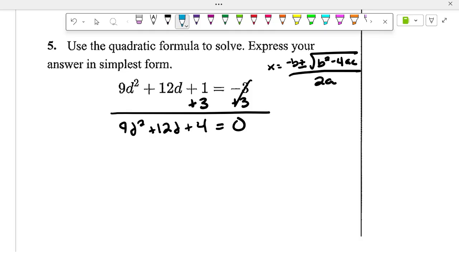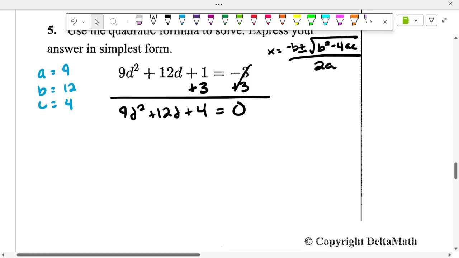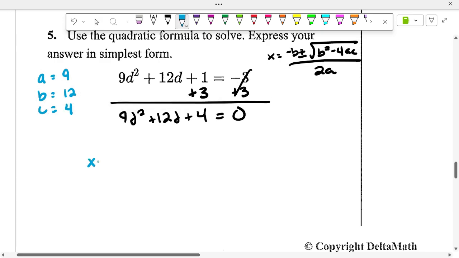Now I got it to where I can identify my a, b, and c before I put it into my formula. So what's a? 9. b? c? Good. All right, now I'm going to put it into my formula. So I have x equals, what comes first?